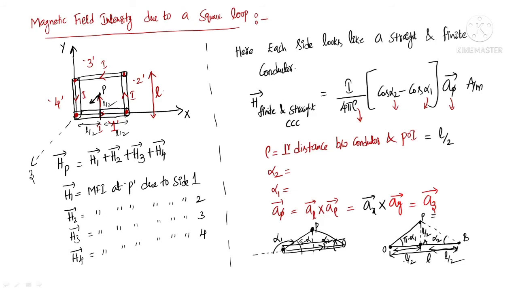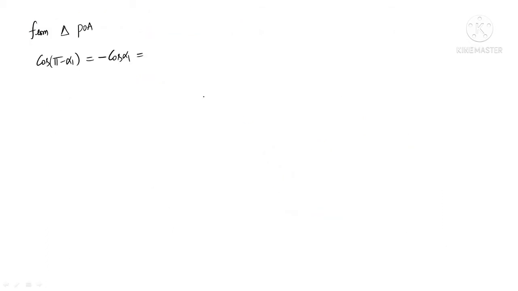What is cos pi minus alpha 1? Minus cos alpha 1, we know this already. So cos pi minus alpha 1, or minus cos alpha 1, is adjacent side by hypotenuse. What is the adjacent side? L by 2. Hypotenuse is root of L by 2 square plus L by 2 square.